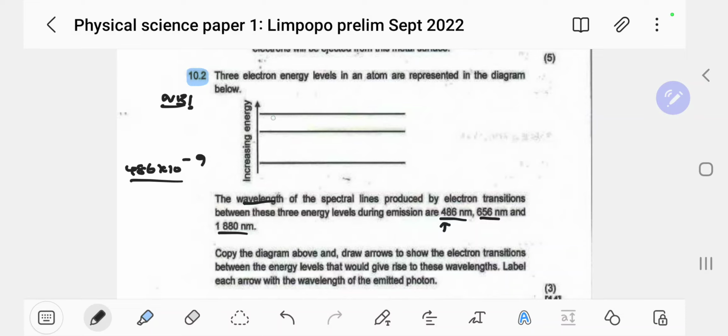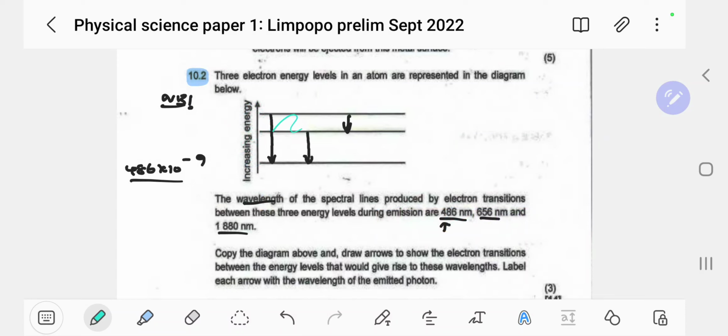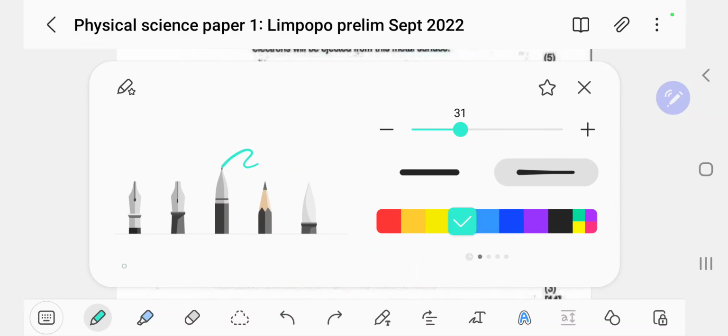Of course, we know that this becomes the greatest, and then this becomes the intermediate one. You can see it's much bigger, but that one becomes the smaller one. It doesn't matter even if you start with this one or in between. At the end of the day, we know which is the bigger one, so we can write it here.